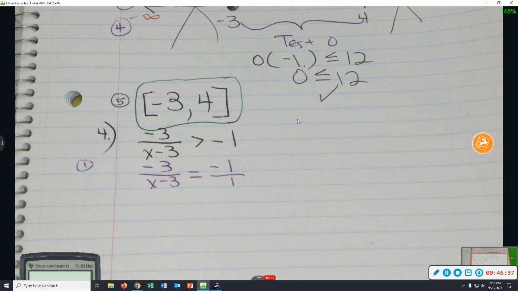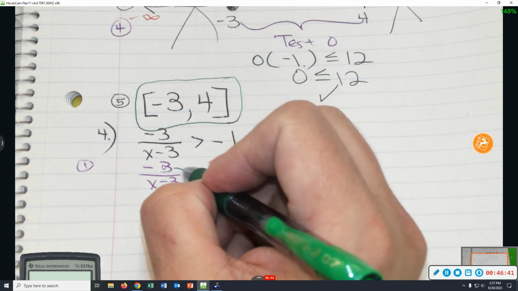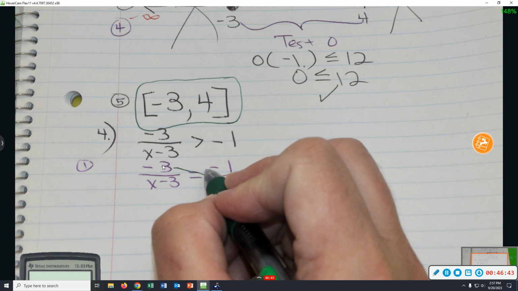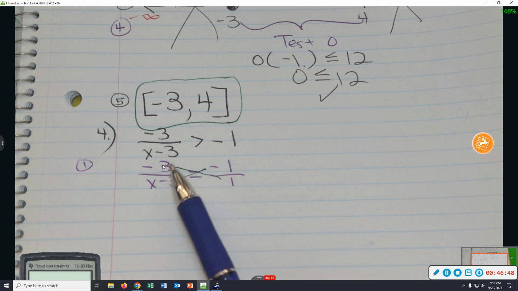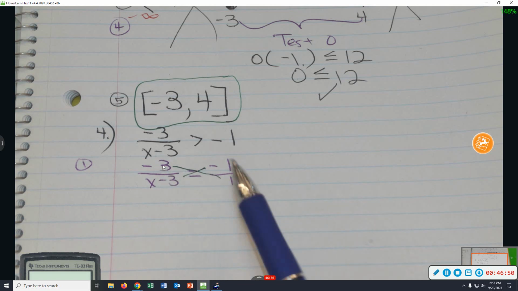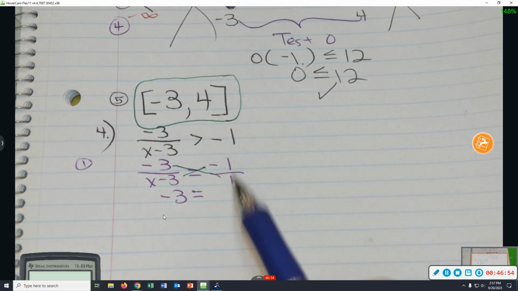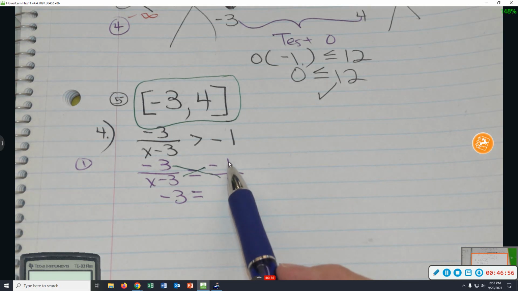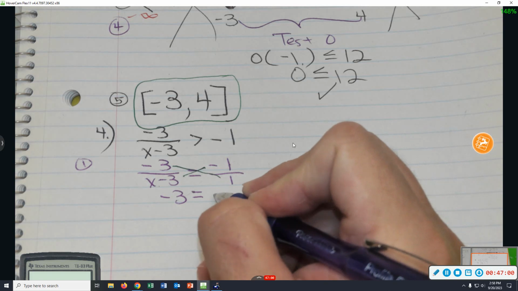And then we multiply -1 times x minus 3, and -3 times 1. -3 times 1 is -3. Take the -1, you're going to have to distribute it over x minus 3. What's that going to give me?